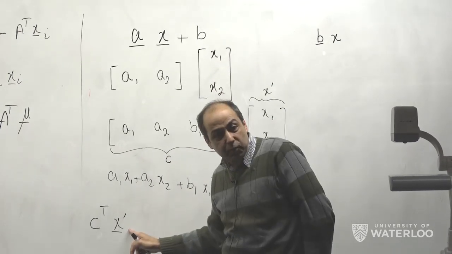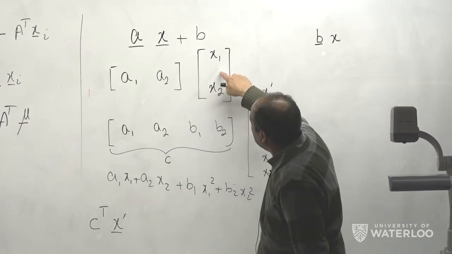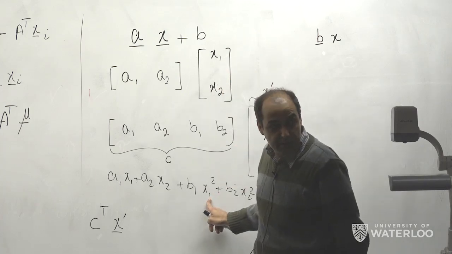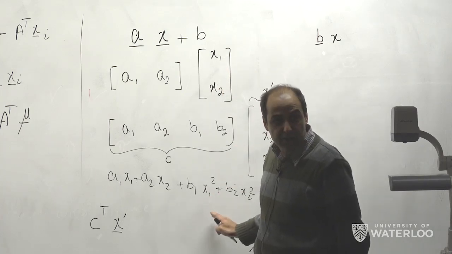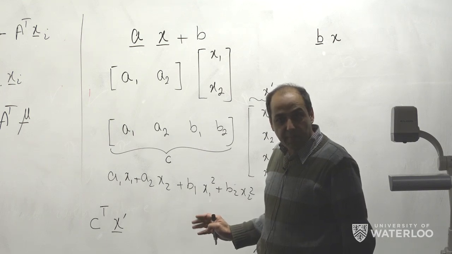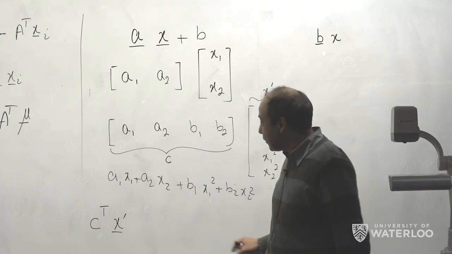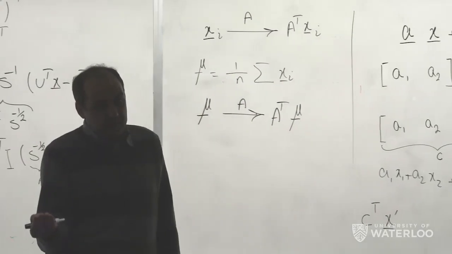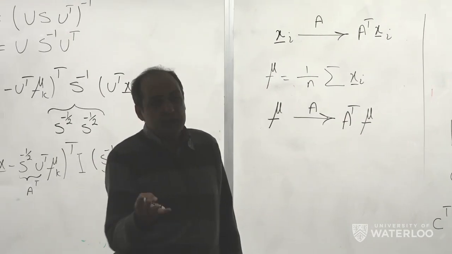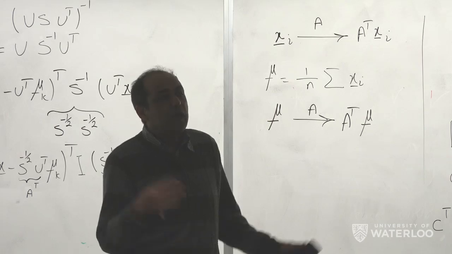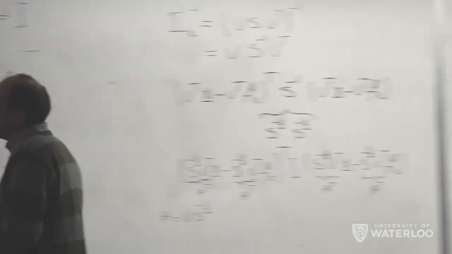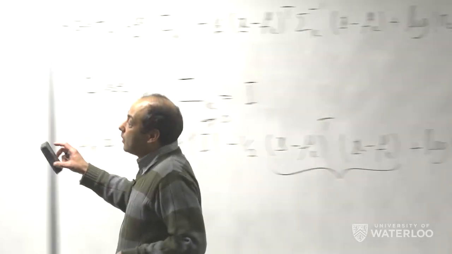It's linear on x prime. It's nonlinear on x because when you compute it on x, it has terms in the form of x1 squared, x2 squared. So it's a very simple trick that you can augment your data the way that you like, and then do LDA, then do any linear method, and then the result would be nonlinear.